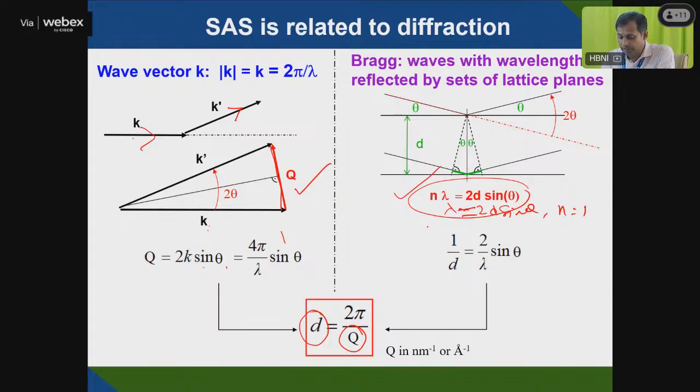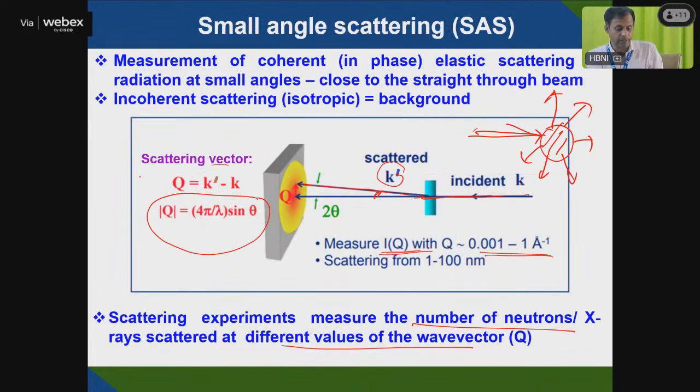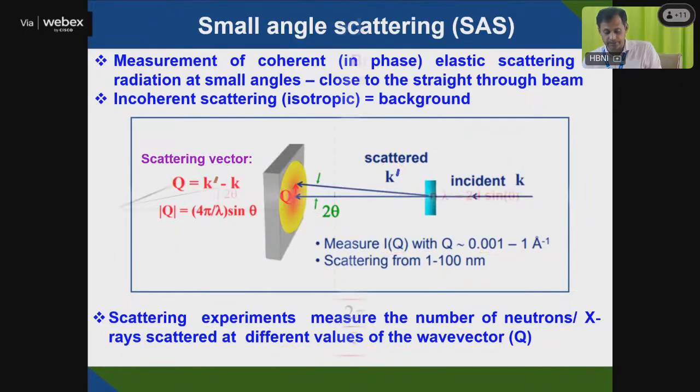You can rearrange this equation as 1 by d equals 2 by lambda sine theta. And if you compare this with the expression for q, you will get that the d spacing, d equals 2 pi by q. That is the relation between the scattering vector q and your d spacing d.